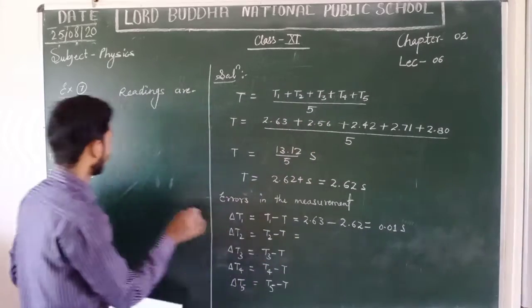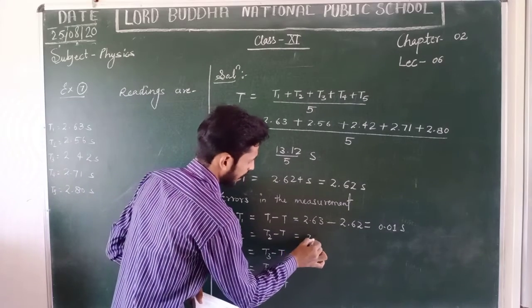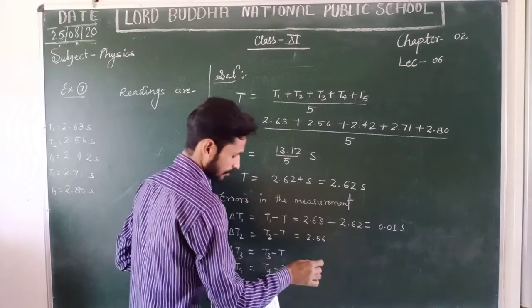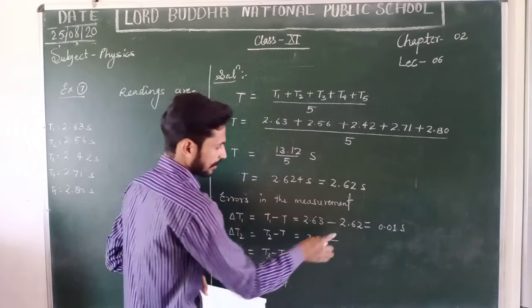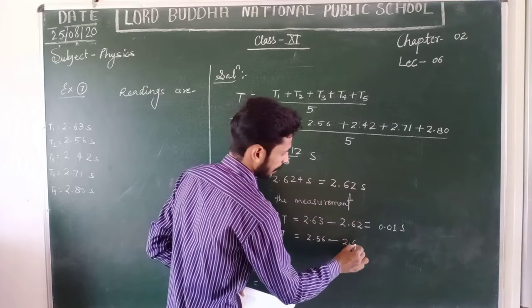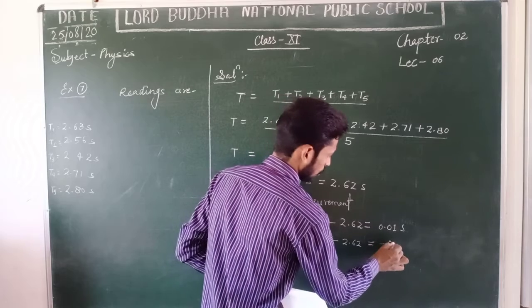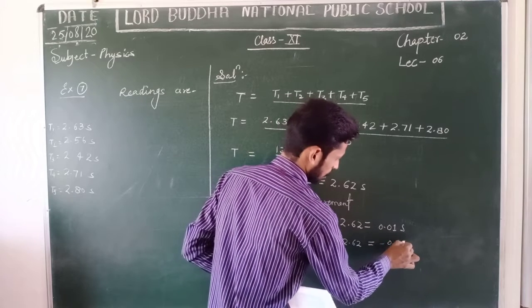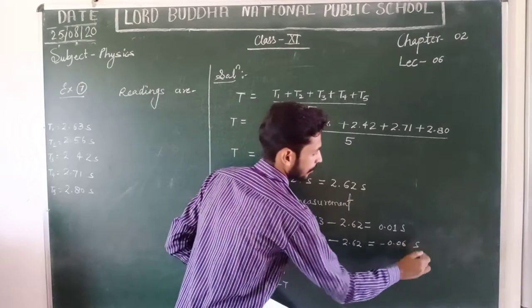Next, T2 is 2.56 minus T, 2.62, and that equals minus 0.06 second.